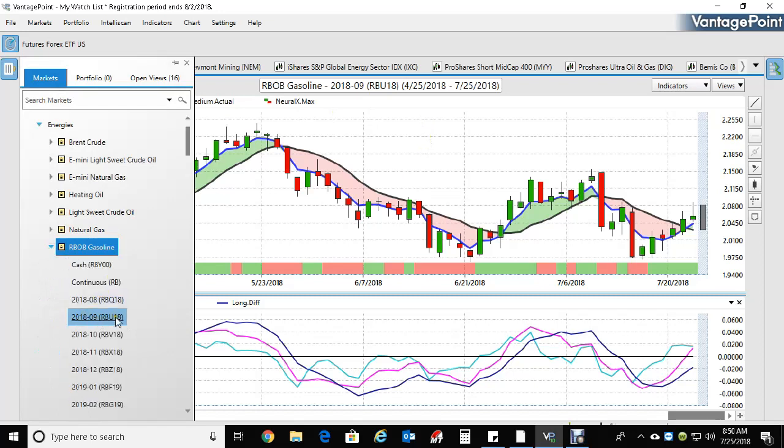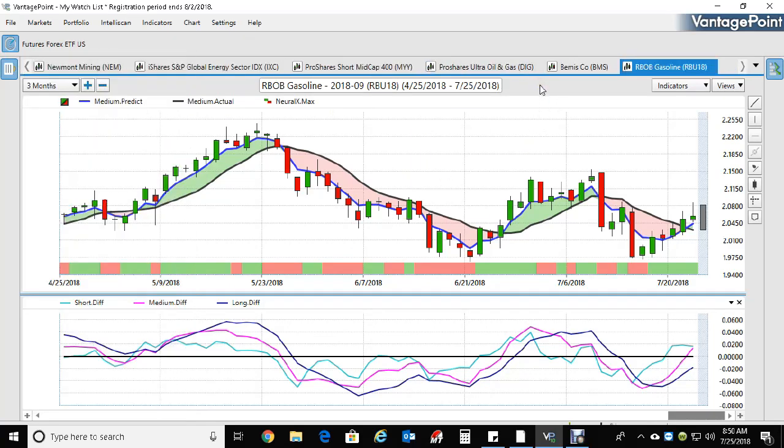I think I sent you an invite. Now the medium is going down and the short is going up. What do you think is happening here? The short is going sideways, and your medium and long term are going up.